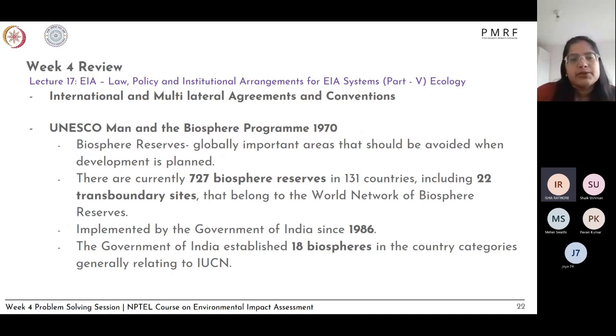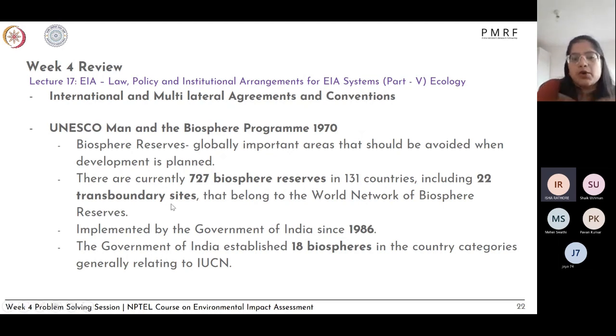It defined biosphere reserves, which are basically globally important areas where development should be avoided and which should be preserved. There are currently 727 biosphere reserves in 131 countries, including 22 transboundary sites.